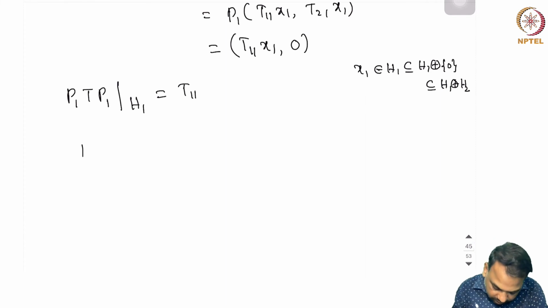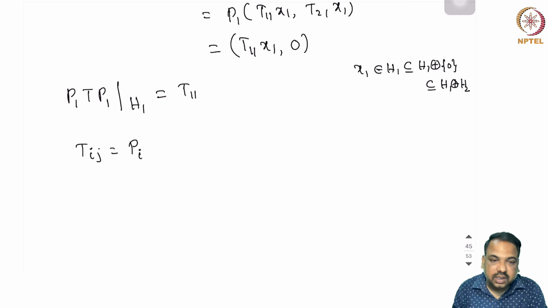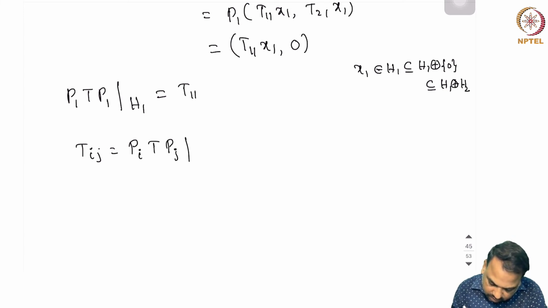Similarly, if you want to compute Tij, we can say that this is Pi T Pj restricted to Hj. Now this is a map from Hj into the range of Pi, that is Hi.